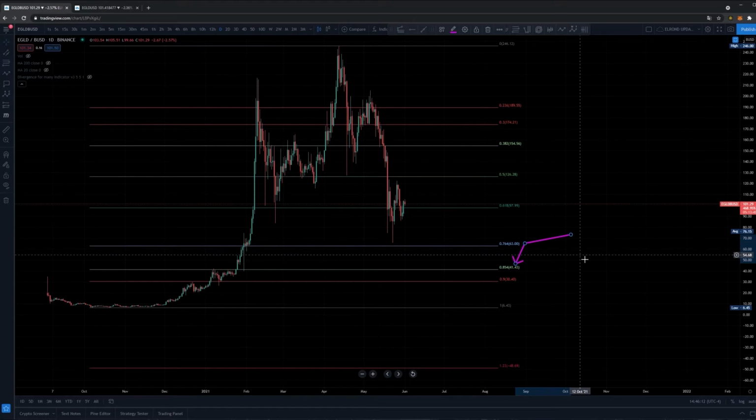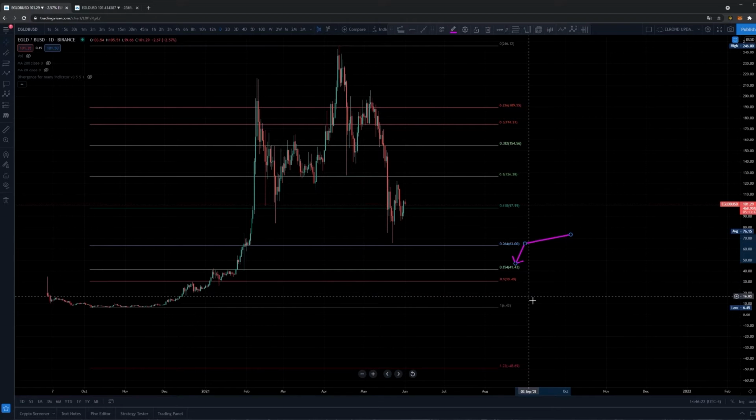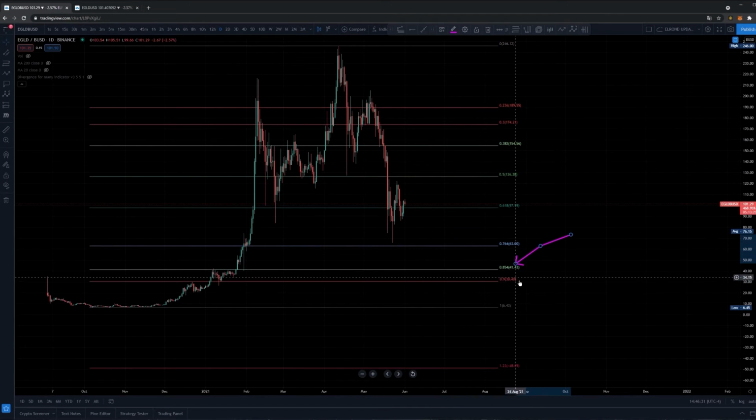Those would be the optimal retracement targets for me. And for sure, we have the 0.9 at $30.40, but I would be very surprised if we go lower than this. This is my opinion, but I'm not sure we'll go lower than $40 anyway.